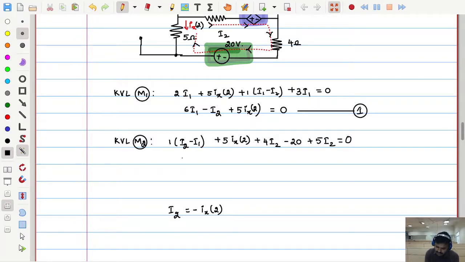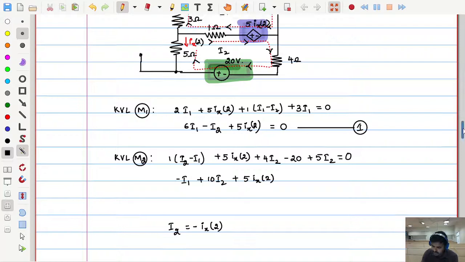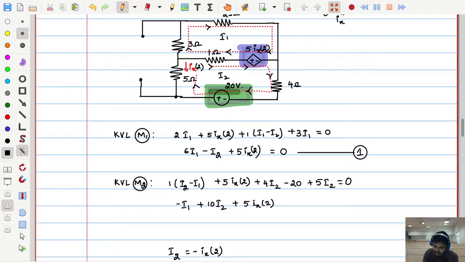In the same way, let us simplify this. How many I1s are there? Only 1. So minus I1. How many I2s are there? 1 and 4, so 5 and 5, 10 I2s. Next, is there any Ix? I3 is not there. In place of that, Ix is there. So plus 5 Ix2. I hope here it should be minus.